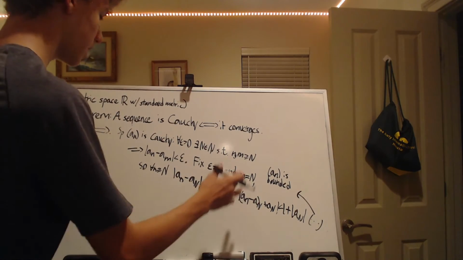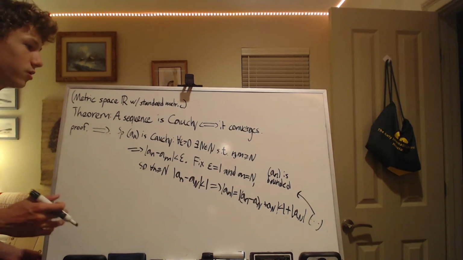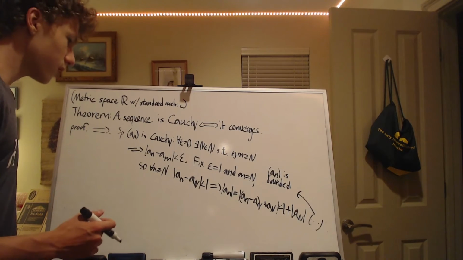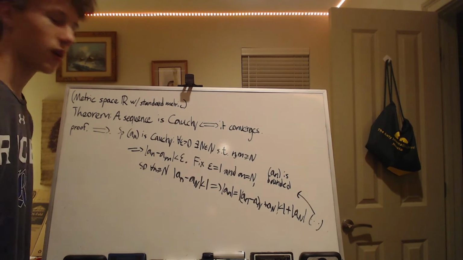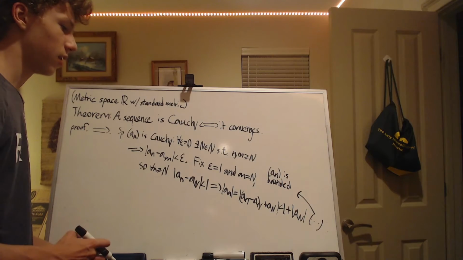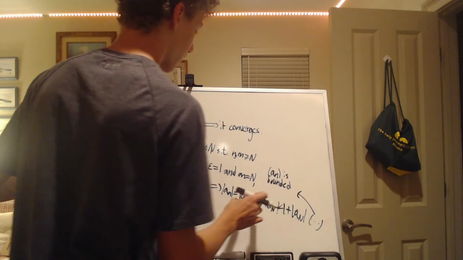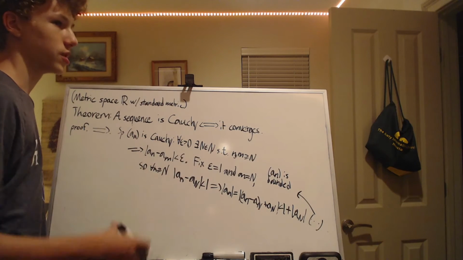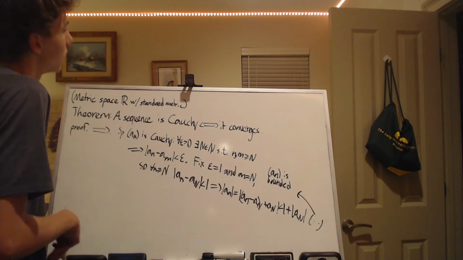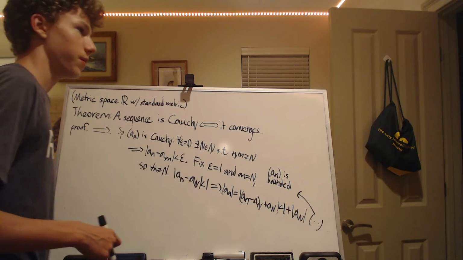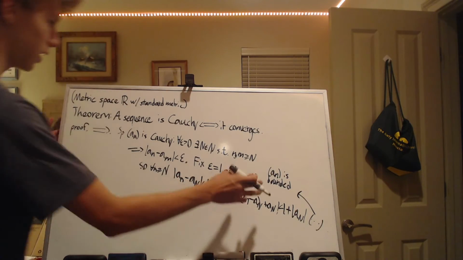So now we have that a sub n is bounded, so what can we do? Well, again, we use the Bolzano-Weierstrass theorem. Technically, we might want to convert this sequence to a set of all the values of that sequence in order to construct the subsequence, but we needn't worry about that.